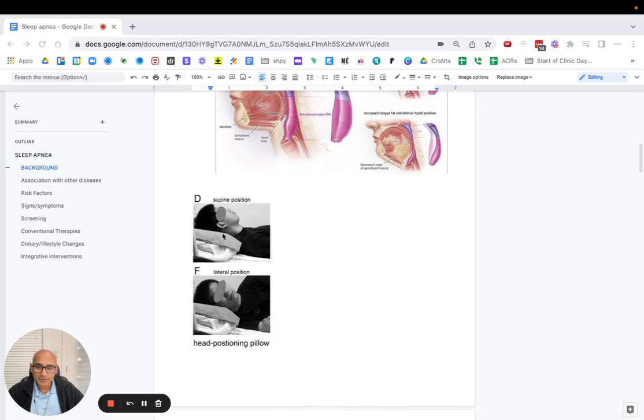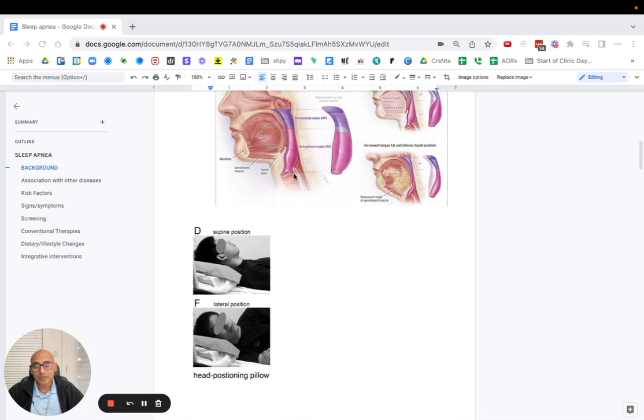Now, your position obviously can affect whether or not you get airway obstruction. So ideally, you want to be in a position where your airway is completely open. Your nasal, oral, laryngeal, and pharyngeal axes are aligned. And in this particular position, it almost looks a little bit like the sniffing position.